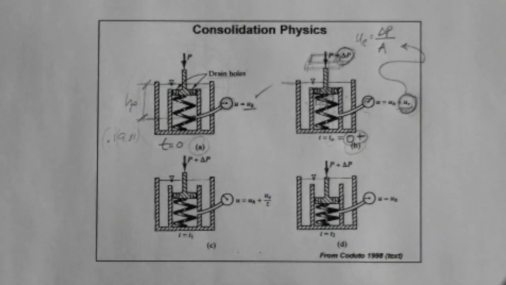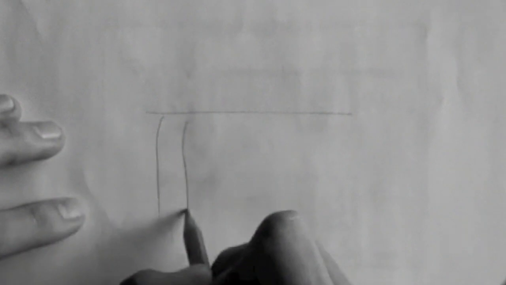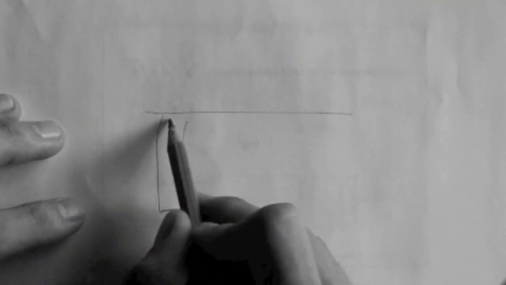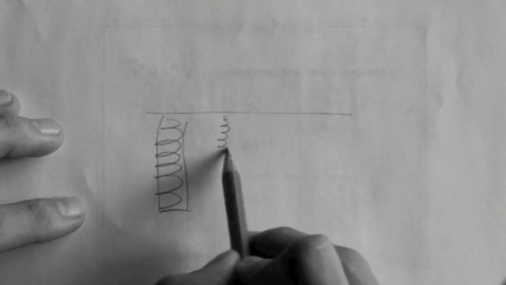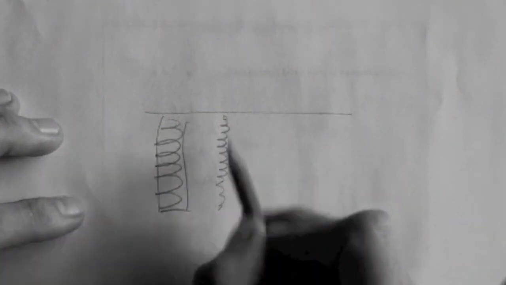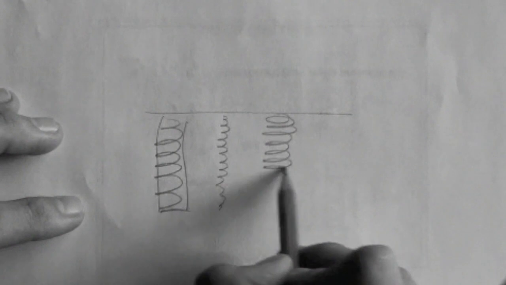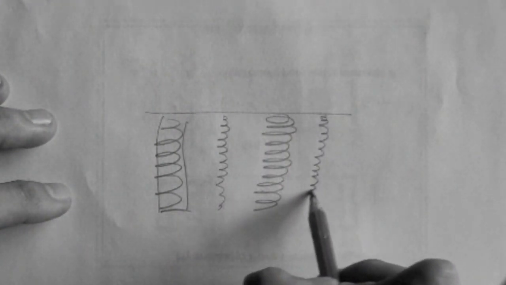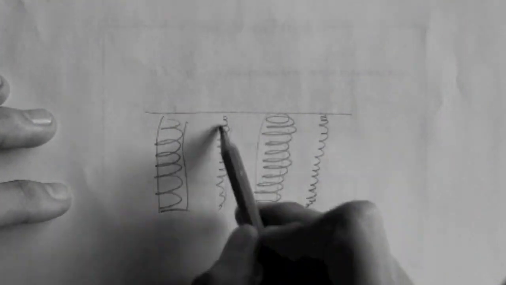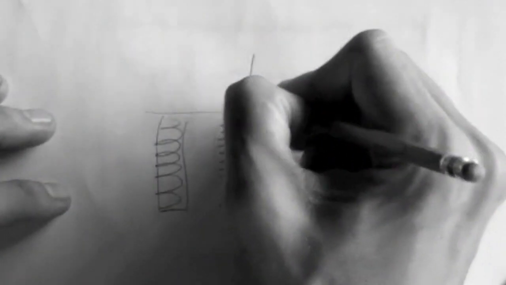Okay? Let me go back to solid mechanics and make an analogy here. Let's say that you have a large spring, a wimpy spring, meaning the stiffness is low, another spring that has a high stiffness, and then another one that has low stiffness. Okay? And you place a force here.